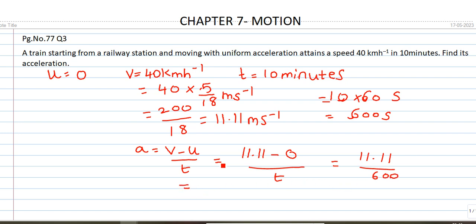So this is 0.01852 approximately. We have approximated to 4 digits, so meters per second square. This acceleration is positive. Why? Because the train is gaining velocity.